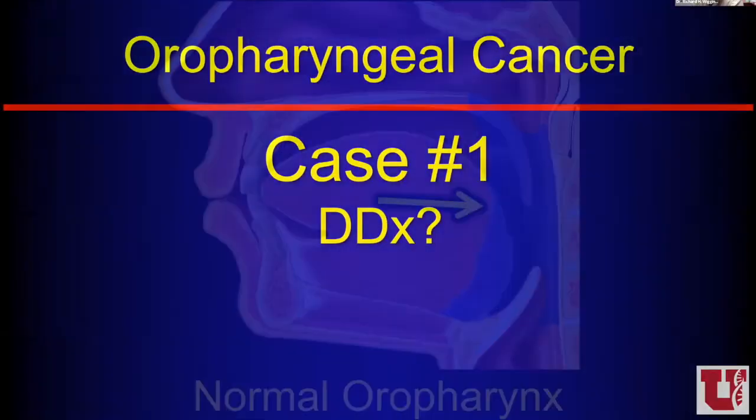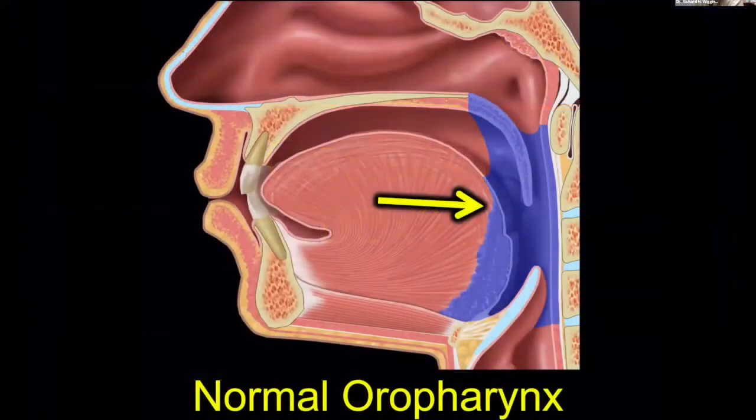And on the coronal, sure enough, we saw that there were actually several nodes going down the neck along the jugular chain. So we have a chain of lymph nodes that goes down the internal jugular vein in your neck. That's the internal jugular chain of lymph nodes. So when we think about this, we're thinking about all this anatomy. So this anatomy here is the oropharynx, a very complicated area, deep in the back of your throat.